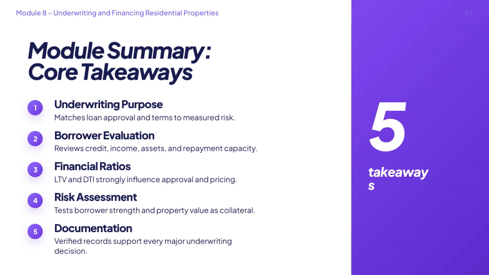Risk assessment involves testing the borrower's financial strength alongside the value of the property serving as collateral. Finally, all major underwriting decisions must be supported by verified documentation, ensuring accuracy and reliability throughout the process. These elements together create a structured, risk-aware approach to financing residential properties.